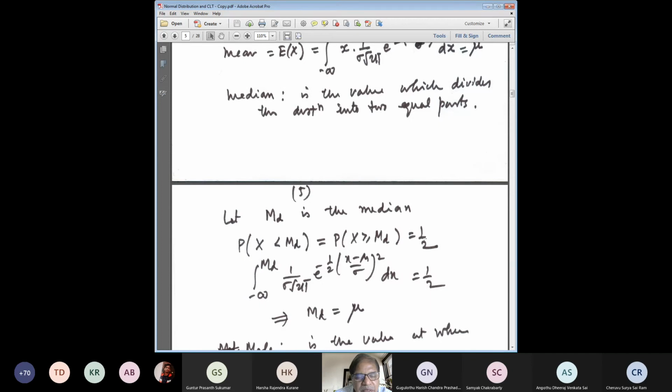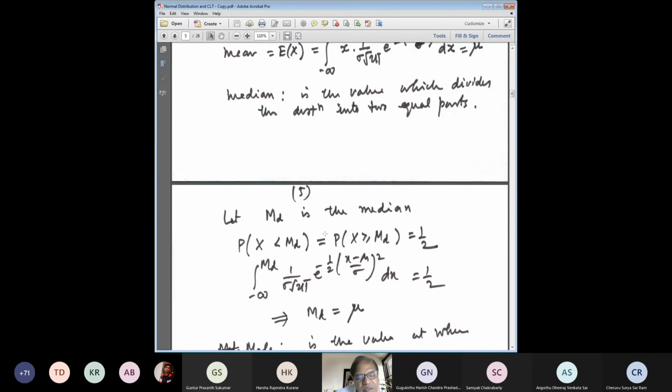Then you can get various types of quantiles, which if you multiply by 100 are known as percentiles. The first quartile is 1 by 4, so you put 1 by 4 and solve that. If you put 3 by 4, then 75% of the area will be below that point.